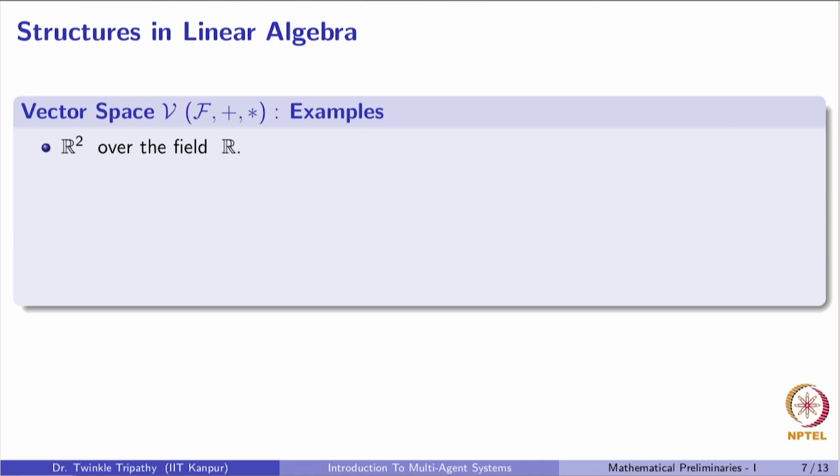Okay. Now, let us quickly see some simple examples of a vector space. Let us consider V as being equal to R2, which is the set of real numbers in R2, and I define my field as the set of real numbers, meaning again I have two sets.